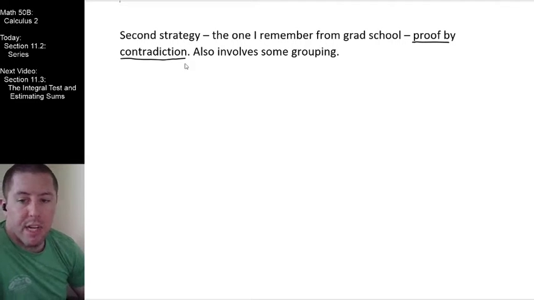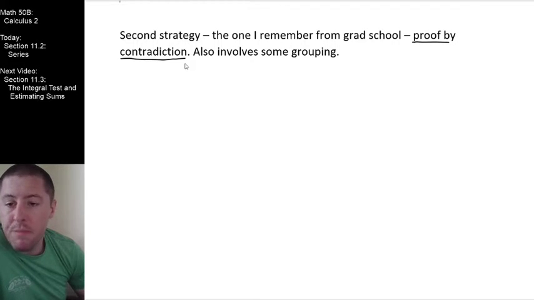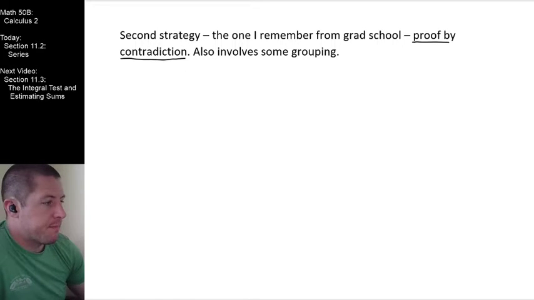So in a proof by contradiction, you take the thing that you want to prove is true, and you assume it to be the opposite. We're going to assume it to be false. We think that we're proving that the harmonic series diverges. My step one for this proof by contradiction is going to say assume the harmonic series converges, and we're going to let that take us to somewhere crazy.